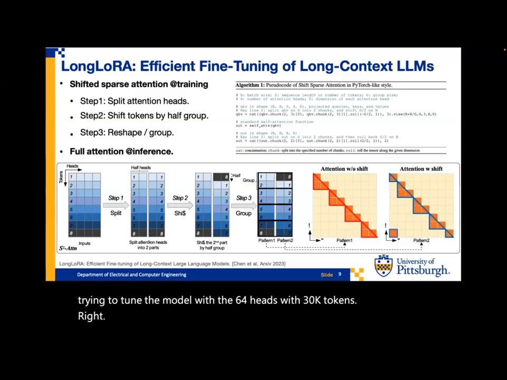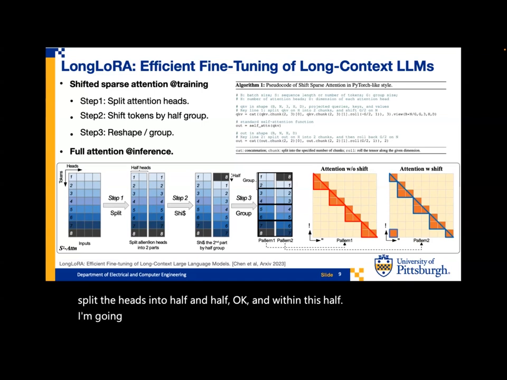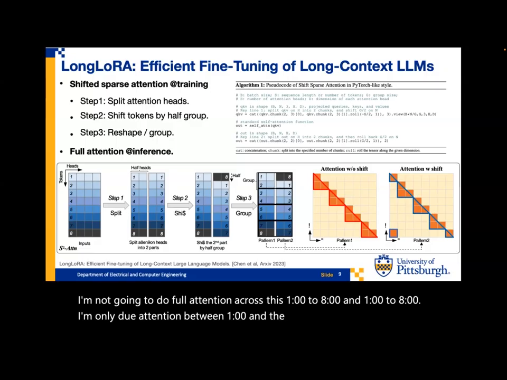So this one just illustrates the idea. We are going to split the heads into half and half. Within the first half, I'm going to group 1 and 2 together and do attention. I'm not going to do full attention across 1 to 8 and 1 to 8. I'm only doing attention between 1 and 2, 3 and 4, 5 and 6, and 7 and 8.